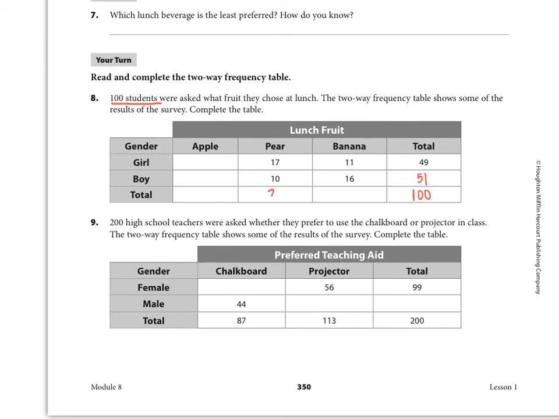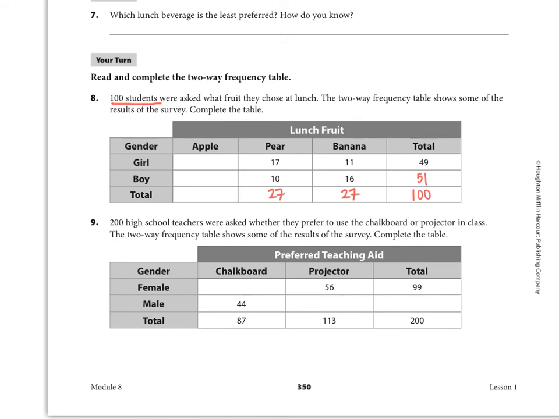I know that 27 total chose a pear for lunch. That's girls and boys. And then 27 girls and boys also chose a banana for lunch. So we're going to do some simple subtraction here and try to figure out what these other numbers are. I got 49 total girls. 17 of those 49 girls chose a pear. 11 of those 49 girls chose a banana.